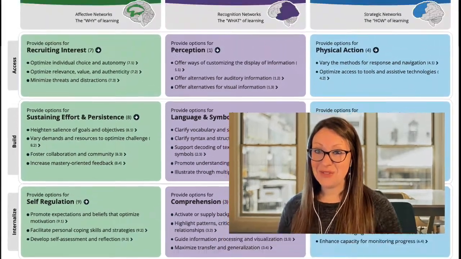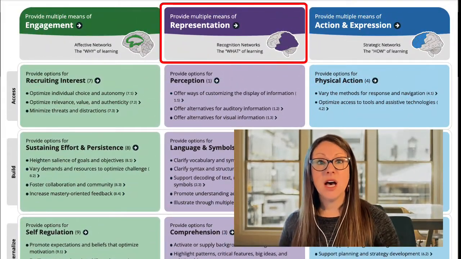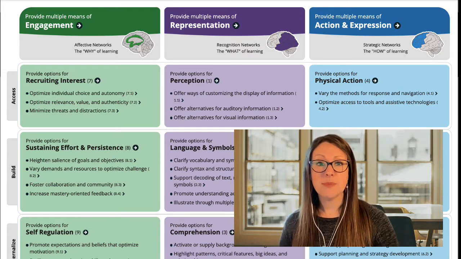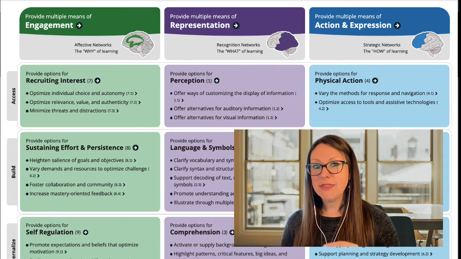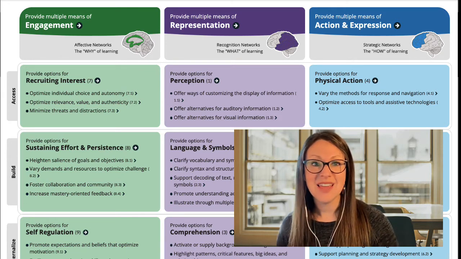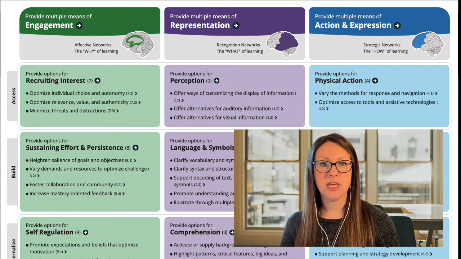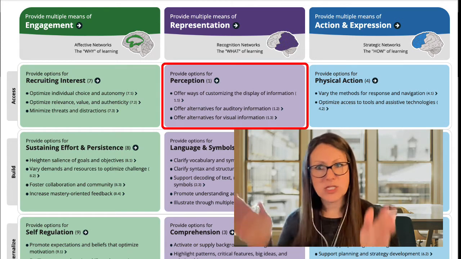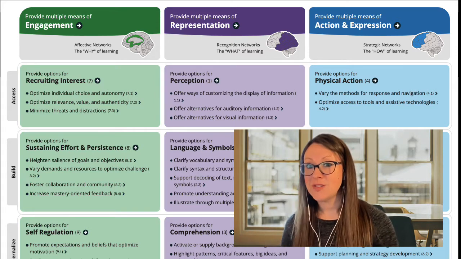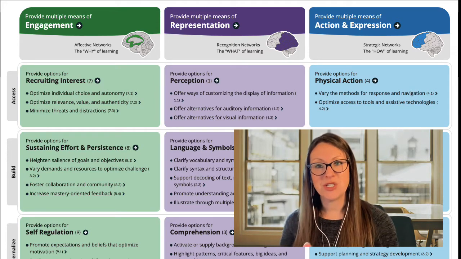When I think about then the perception column, the representation column, really it's about thinking about offering the multiple means to engage with content. And so I think about that perception piece, and I think about this entire component of offering different ways, offering alternatives to visual information, so text.